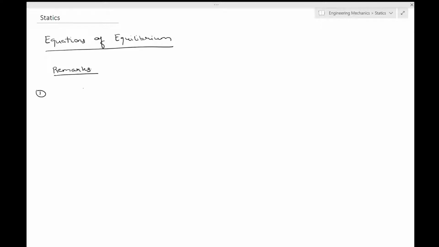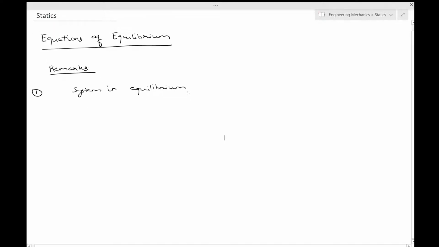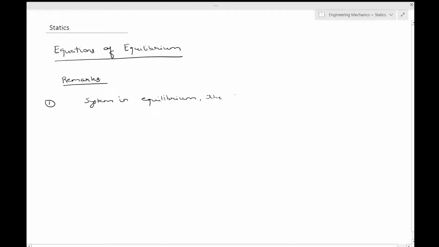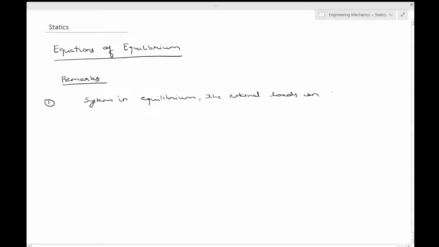So if we have a system which is in equilibrium, the external loads on any part P must satisfy F of P is equal to 0 and M_A for this part must be equal to 0.